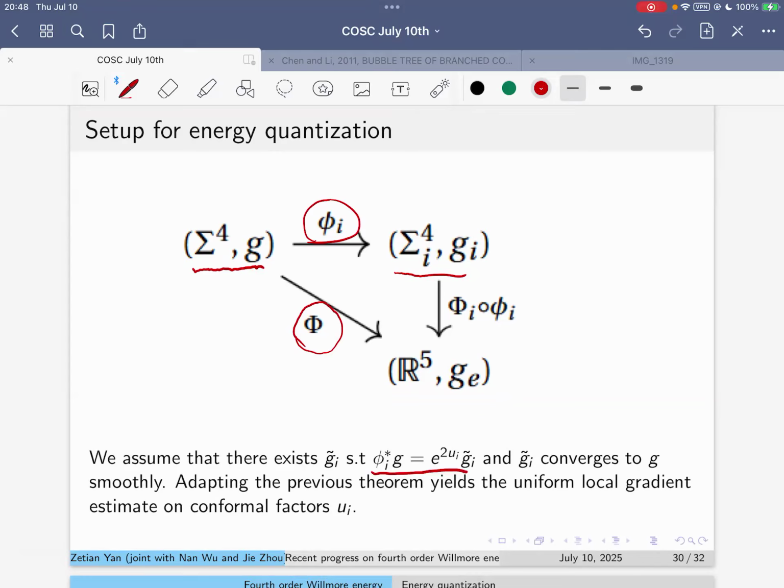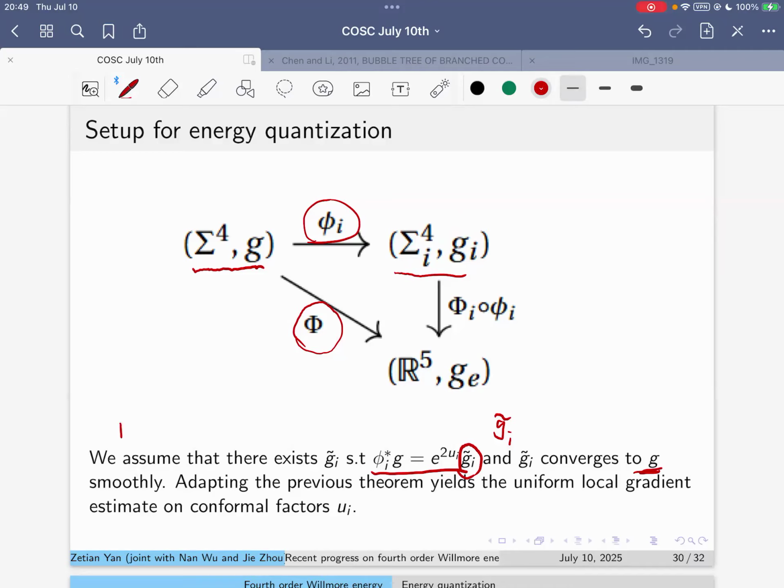And here, we assume, okay, this sequence of pullback metrics have a convergent conformal class. So what does it mean? It means in their conformal class, we can find g tilde i, and g tilde i will converge to this fixed metric. Okay, so there is no collapse, okay, of their conformal class.